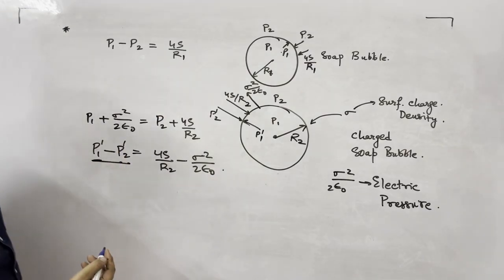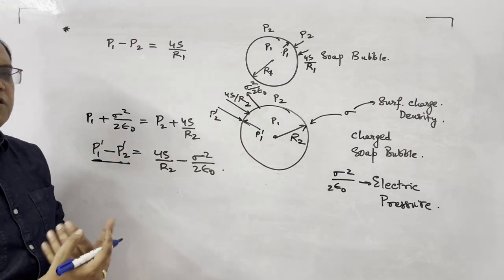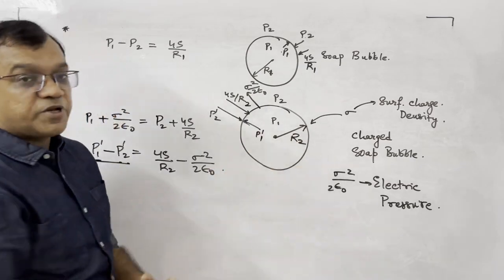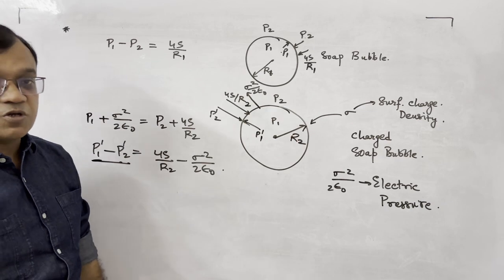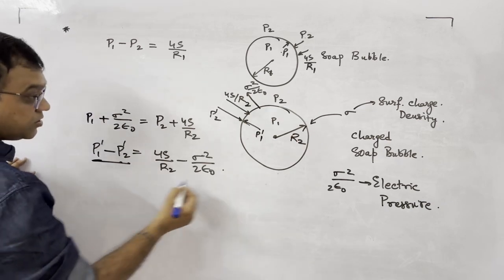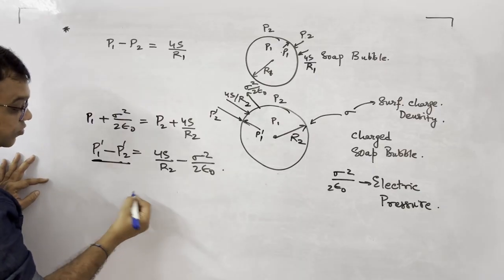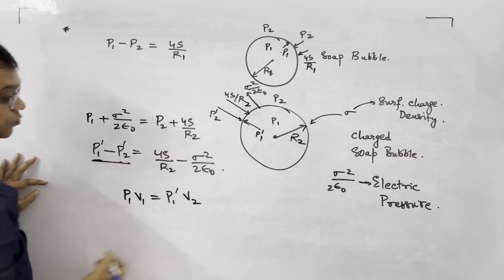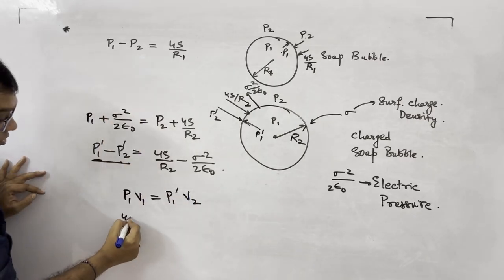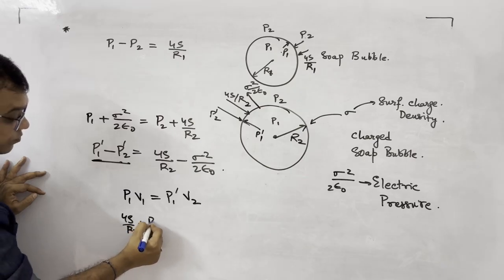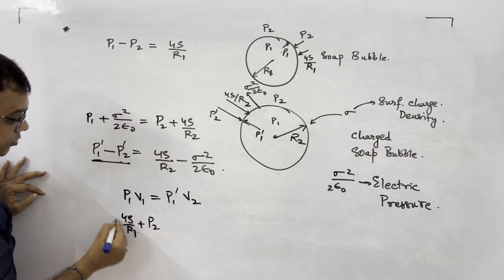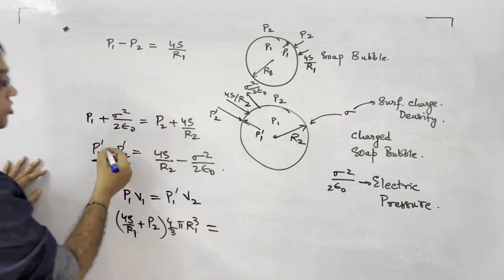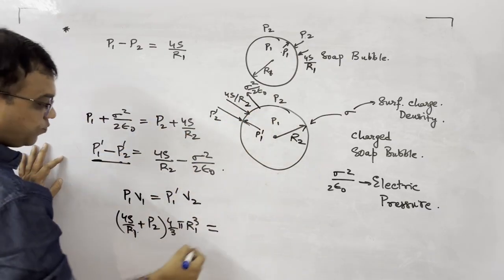If we want to find the value of R2 also, then sometimes the question can be framed like this, that assume the temperature of the air enclosed by the bubble remains constant, that is Boyle's law is there, then what is the new radius? In that case you can do P1 V1 equal to P1 dash V2. P1 is given as 4S by R1 plus P2, into 4 by 3 pi R1 cube, equal to P1 dash, which is equal to P2 dash.